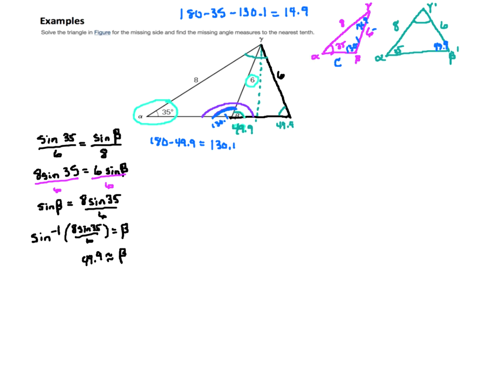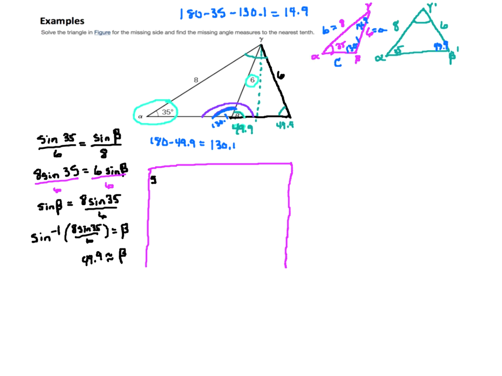So the only thing I'm missing in the pink triangle is side C, right here. I've got my side A, that's 6. I've got my side B. I've got all of my interior angles, so I just need side C. And I can use the law of sines because I've already got the angle and the opposite side relationship set up. So to find that side C for the pink triangle, let me just give myself a pink box to work in so that you know I'm doing this work for the pink triangle.